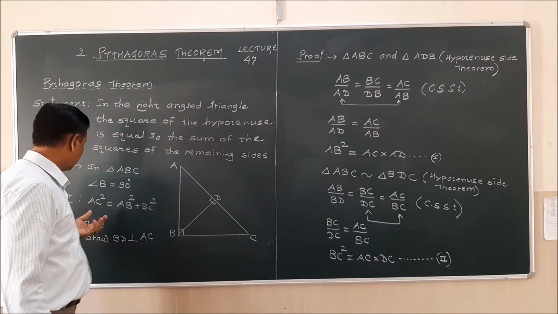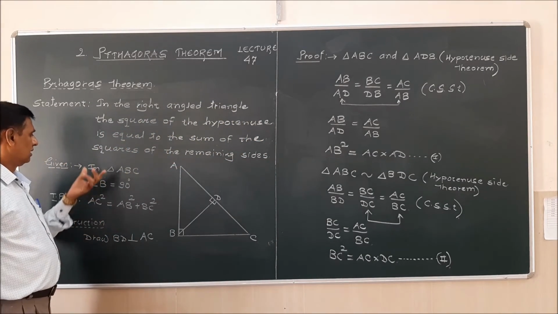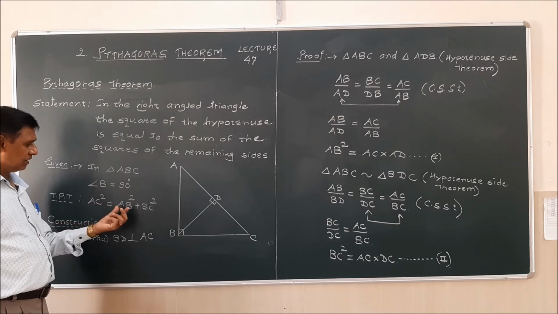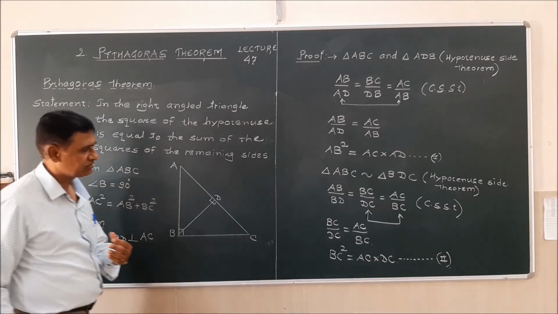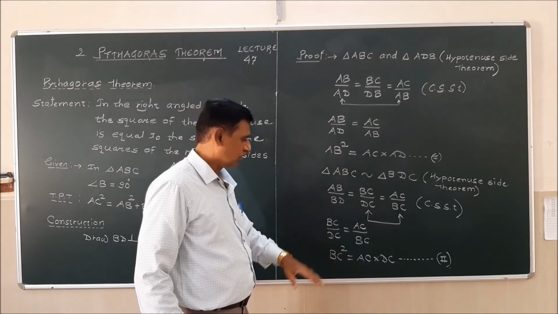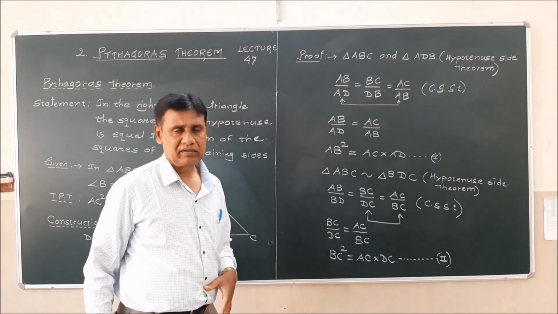But if you look at the required result, to prove that AC square is equal to AB square plus BC square, we have already got the value of AB square, and we already got the value of BC square.